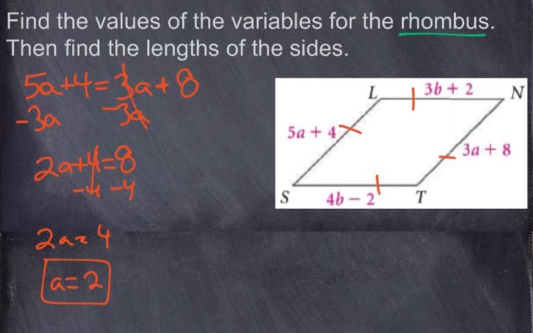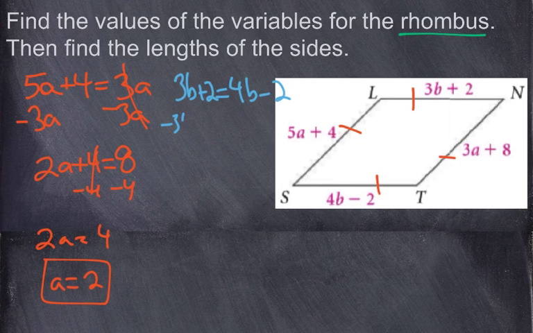Okay? Now we do the other two sides to find b. So we know that 3b plus 2 is equal to 4b minus 2.